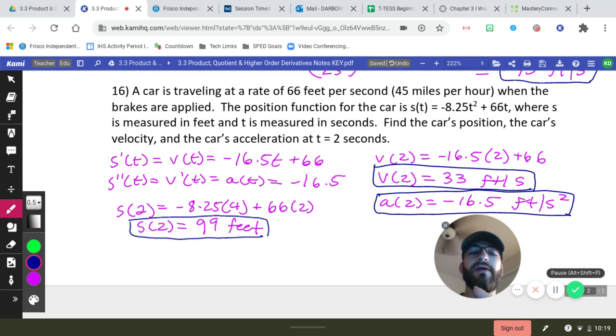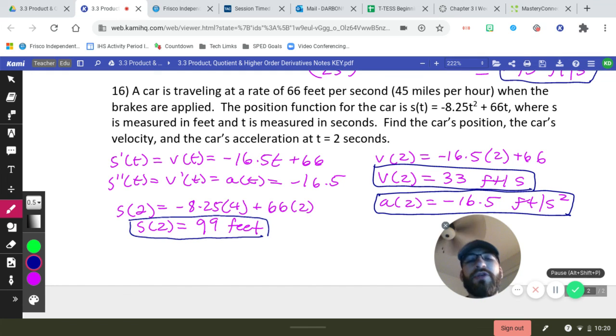We need to find position, velocity, and acceleration at t equals 2. So we're kind of doing IROC for all the functions. So we already have s, but we need to find v and we need to find a of t. So s prime we get from deriving to get negative 16.5 t plus 66.